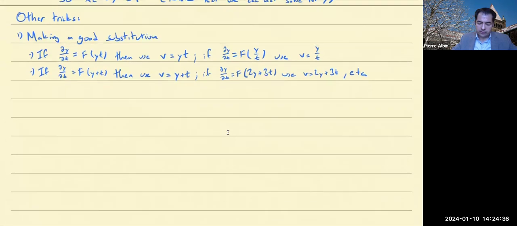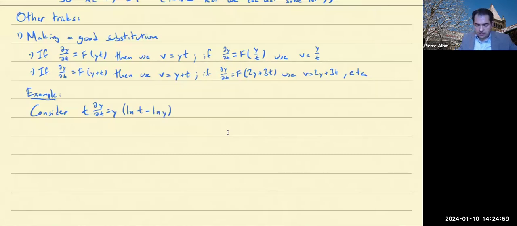Right? So let's do an example. Suppose we started with t times dy by dt is equal to y times natural log of t minus natural log of y.